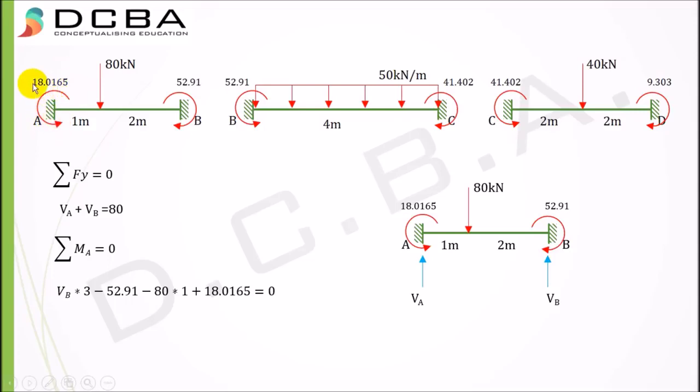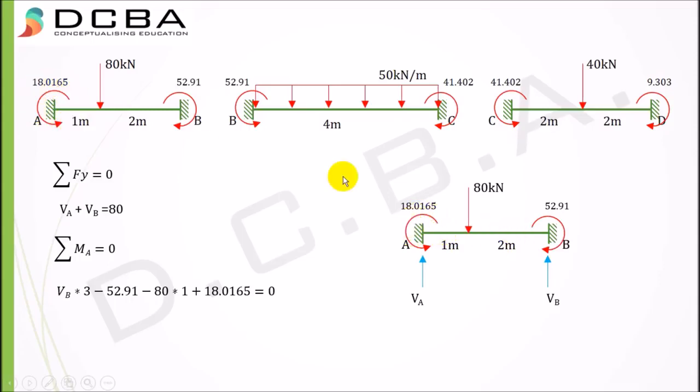In my sign convention, anti-clockwise moment is taken as negative while analyzing the beam in MDM, and hence the answers that I got in negative were my anti-clockwise moments. So minus 18.0165 kilonewton meter means 18.0165 kilonewton meter anti-clockwise.